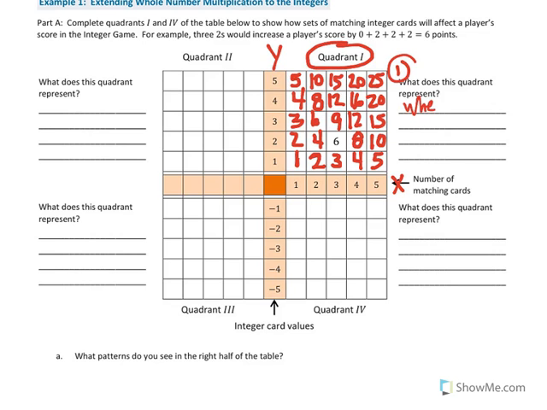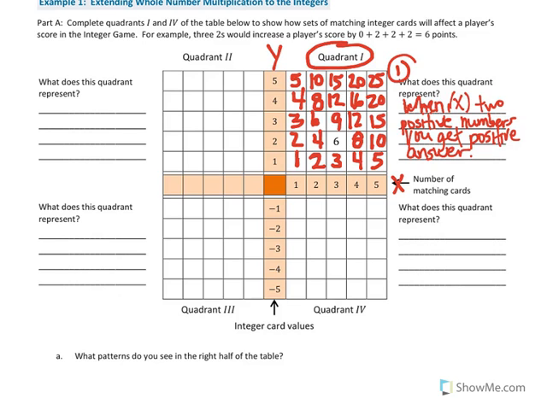When multiplying two positive numbers together, you get a positive answer.